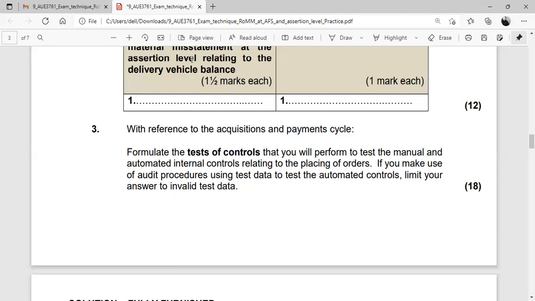Can you please repeat it? Sorry, guys. I was saying that the objective of test of controls is to make a conclusion on its validity, accuracy, and completeness.